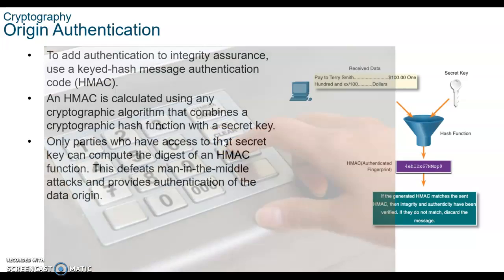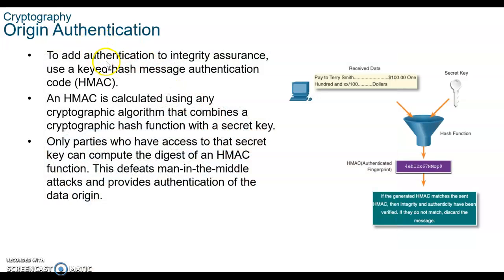Origin authentication, right? So this is when we add another layer to our hash. We have something that's hashed, but then we're going to add a security key, right? So we add authentication to the integrity assurance using a keyed hash. So I'm still hashing, but I'm adding a key.